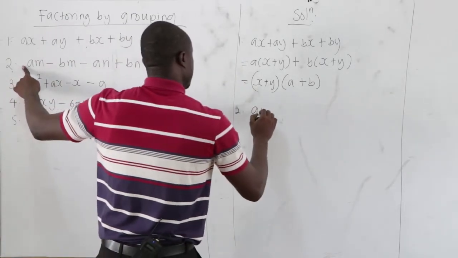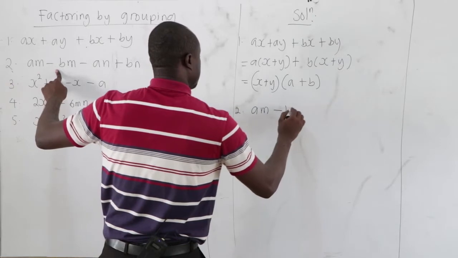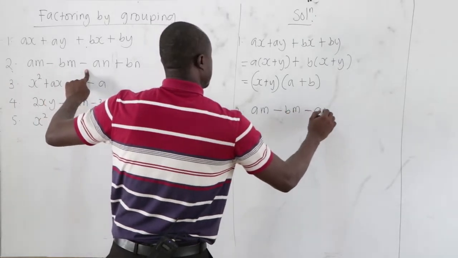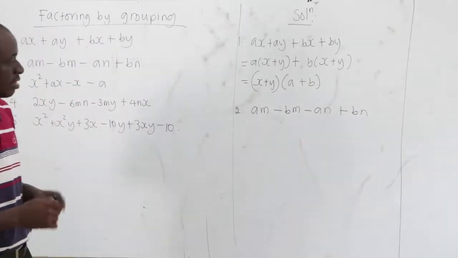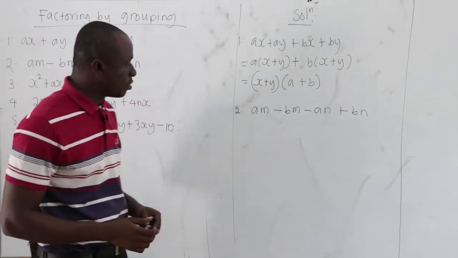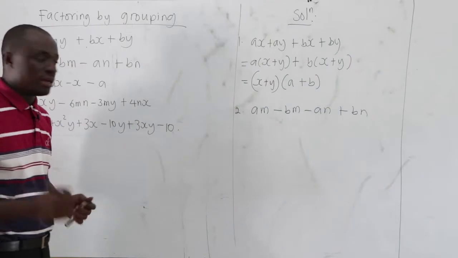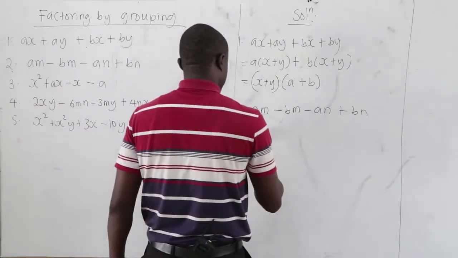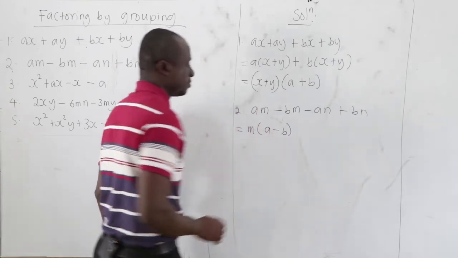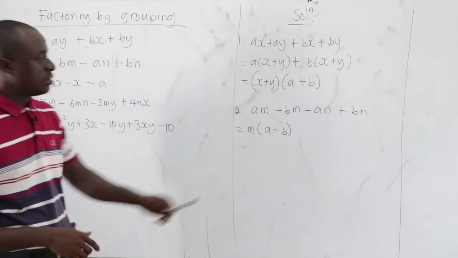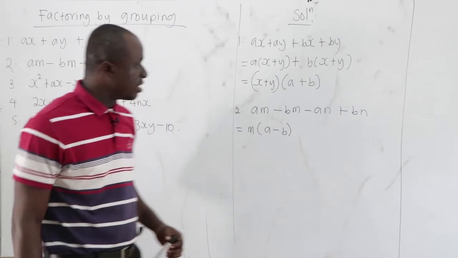Now let's see the second one. We have am minus bm minus an plus bn. Now the first two, there's something that is common. I can see that clearly m is common. So I have m(a minus b). Now, looking at these two, negative n is common.